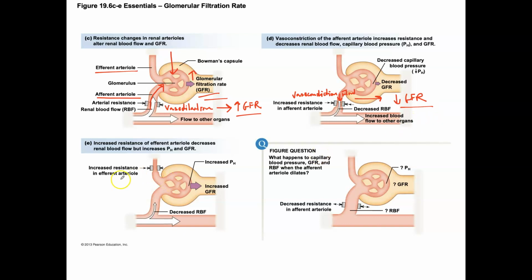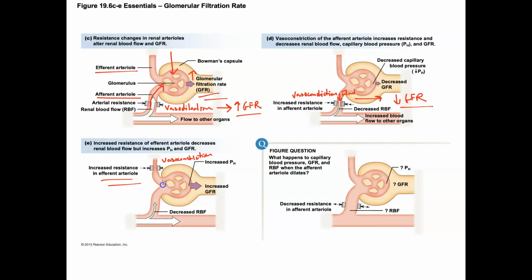What about the efferent arteriole? When we look at the efferent arteriole, we can look at vasoconstriction versus vasodilation. In this diagram, we have vasoconstriction. If you were to vasoconstrict, to squeeze down on the efferent arteriole, that's actually going to cause blood to essentially dam inside the glomerulus.